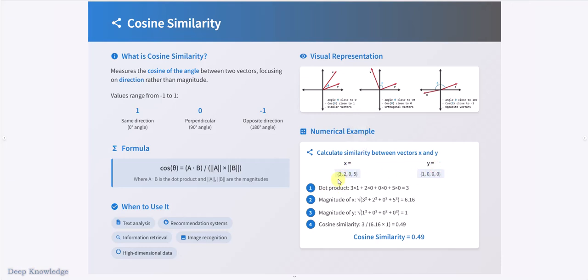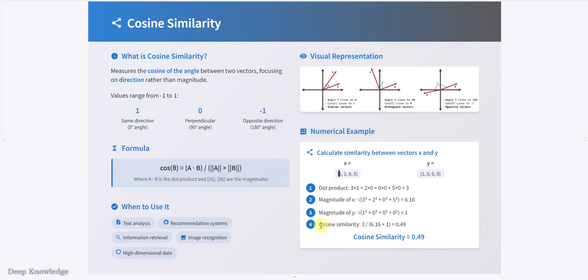The dot product is 3 times 1 plus 2 times 0 plus 0 times 0 plus 5 times 0, so the dot product is 3. Now it's divided by the magnitude of x times the magnitude of y, where the magnitude is squaring all of these values for x and also for y.